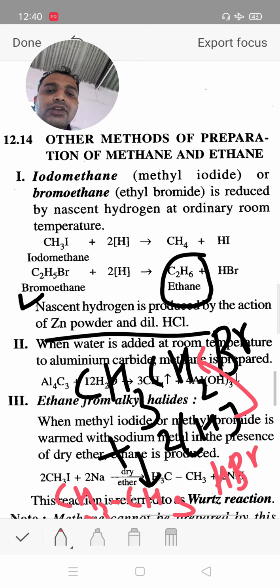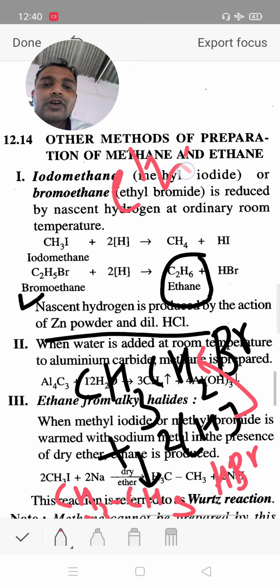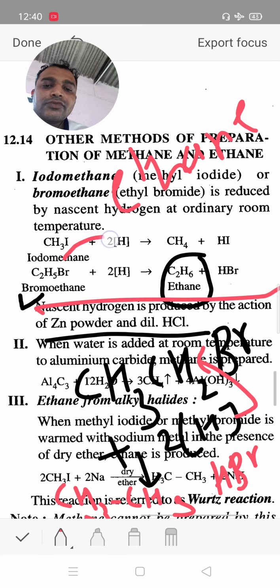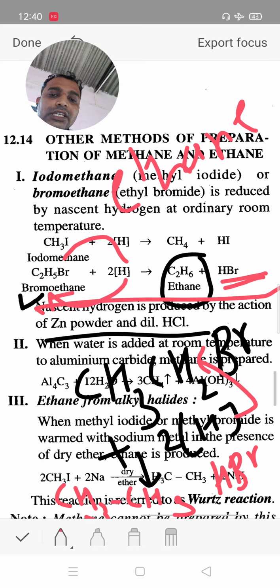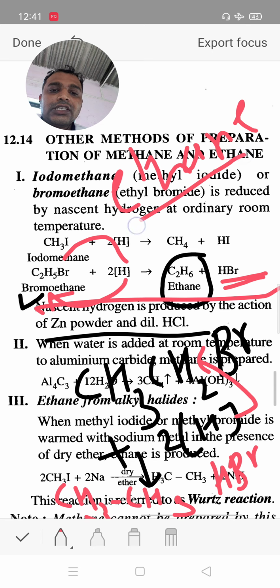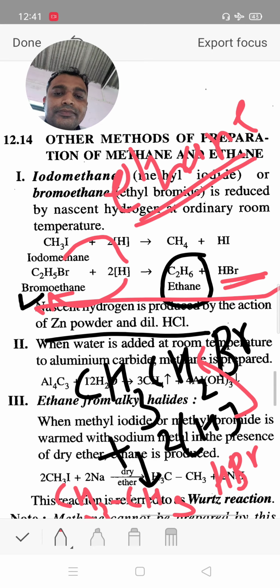It is the formation of ethane. Look at this reaction: CH3CH2, meaning C2H5, converts into C2H6. C2H6 is the ethane molecule.